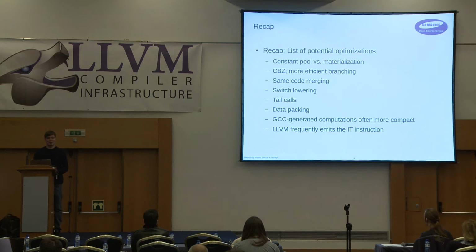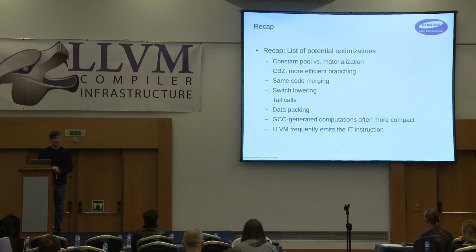GCC is more effective at using the compare and branch if zero. I saw a couple more cases where Clang was doing a bad job there. And also the same code merging: I know we have some basic infrastructure for that in Clang, but it needs further investigation to see why it didn't catch this instance.